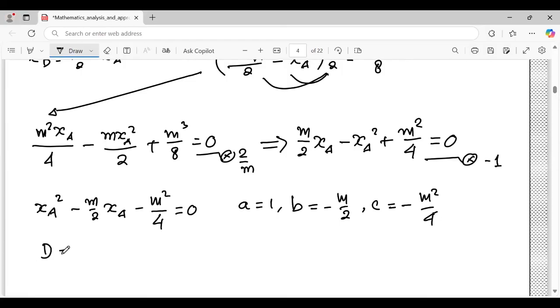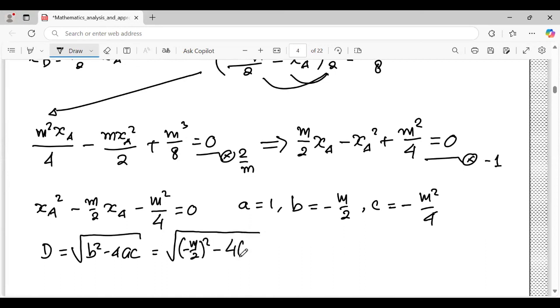I would like to find the discriminant. The discriminant is b squared minus 4ac. So minus m half squared minus 4 times 1 times minus m squared over 4.